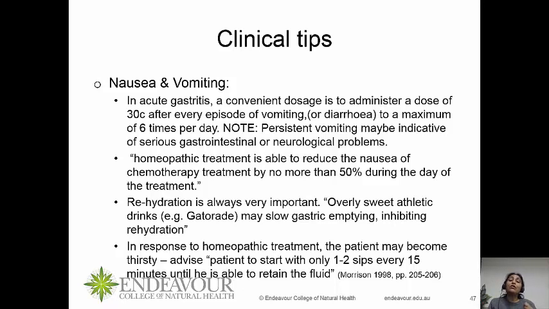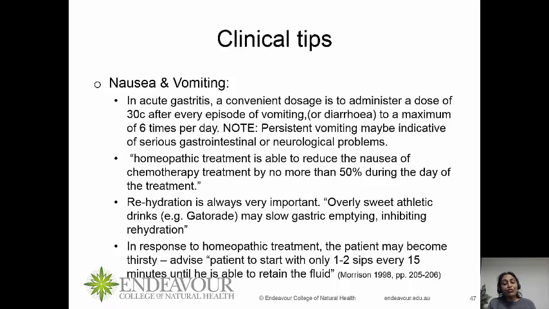So it's better not to continue that and think of changing anything. Now, remember that one of the red line symptoms is that persistent vomiting or projectile vomiting may be indicative of some serious gastrointestinal or neurological problems, which is a case for referral.